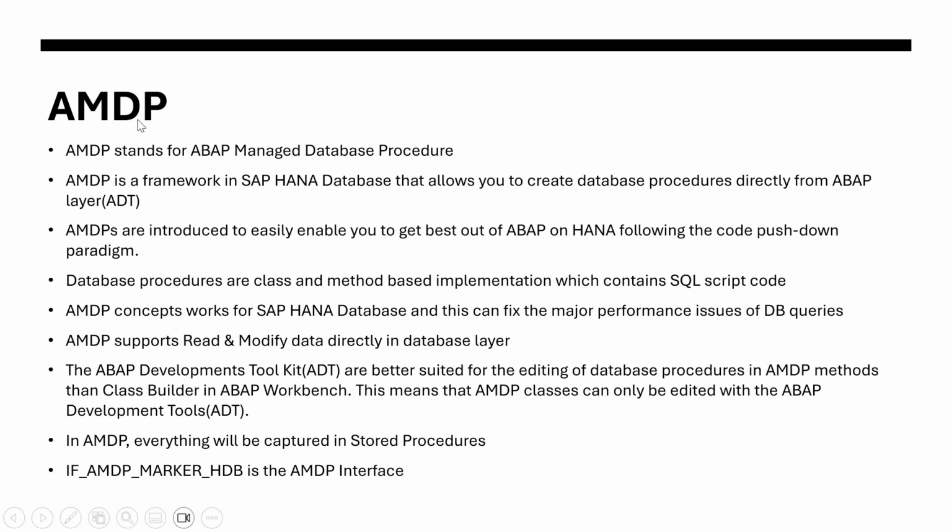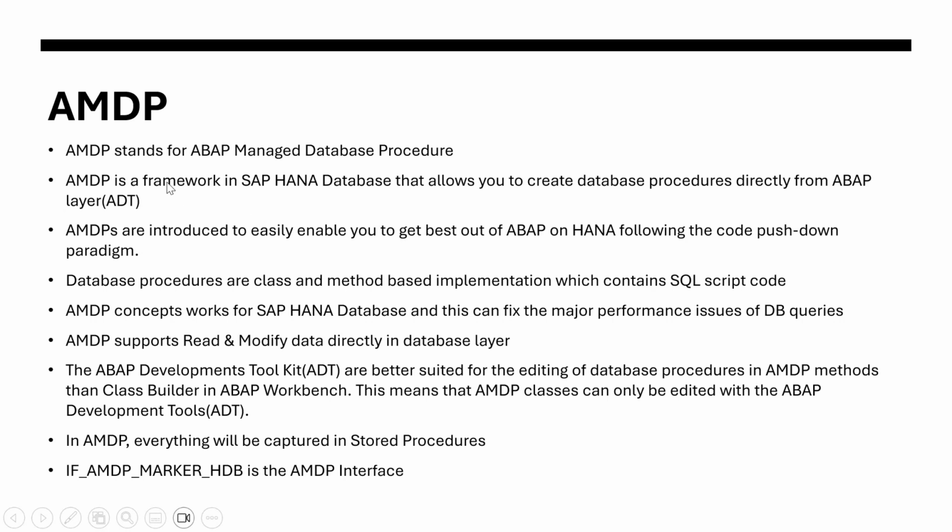So what does AMDP mean? This stands for ABAP Managed Database Procedure. This is the abbreviation of AMDP, and it is a framework with which we can write our code directly in the database.